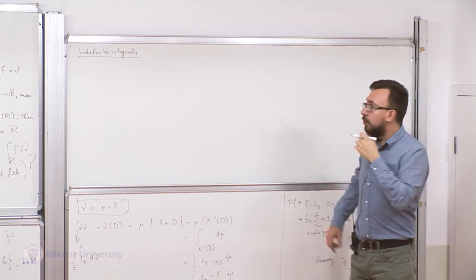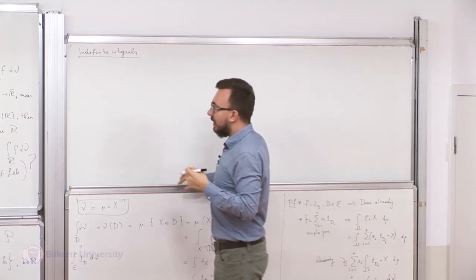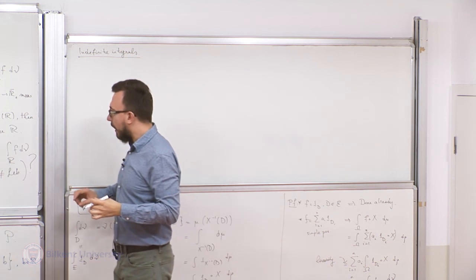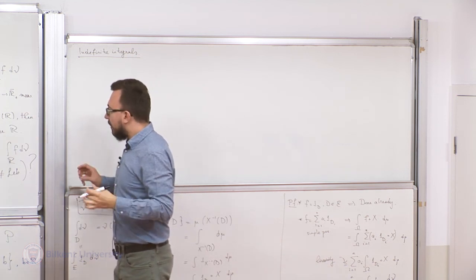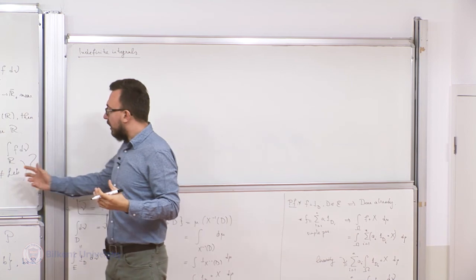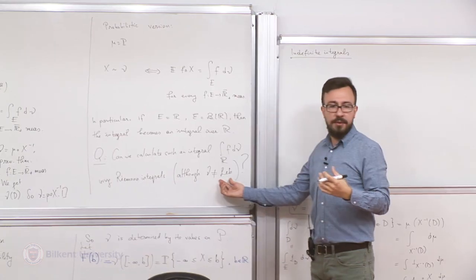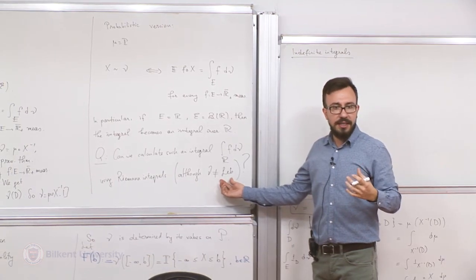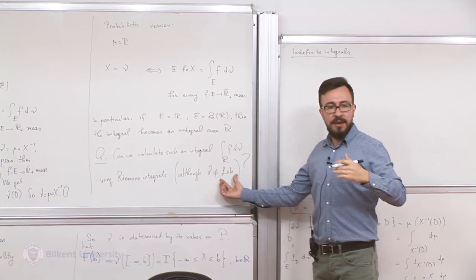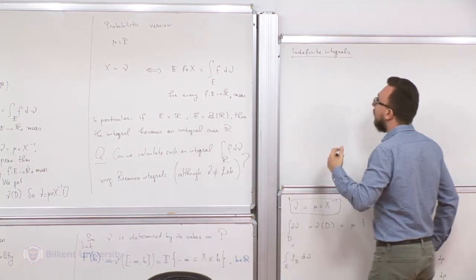So to that end, we're going to discuss this relationship, namely the relationship between some measure and another measure. So we're going to discuss one measure which is given on our space. We're going to call it lambda.